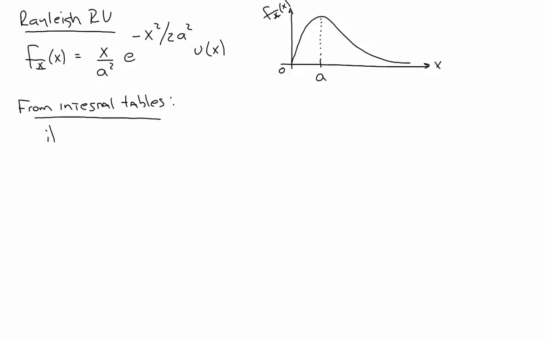The first relationship that I needed is this: integral from 0 to infinity of x raised to the 2n plus 1 power times e to the minus a x squared dx equals n factorial divided by 2 times a to the n plus 1 power. And this is valid for a greater than 0.